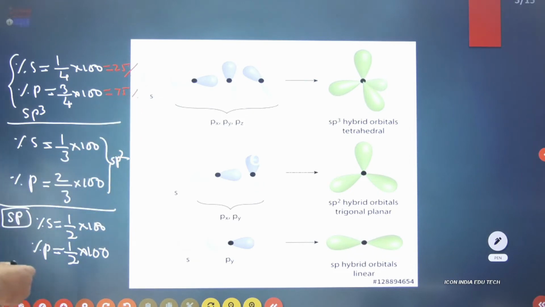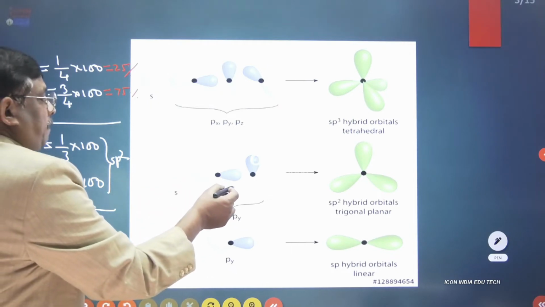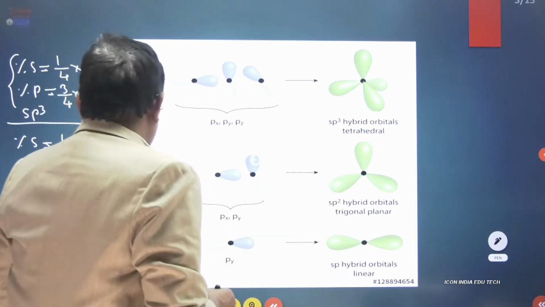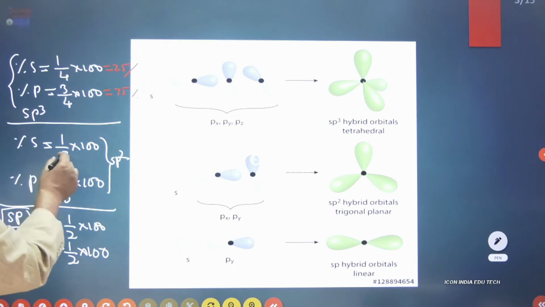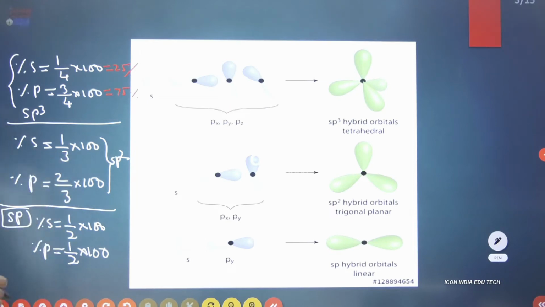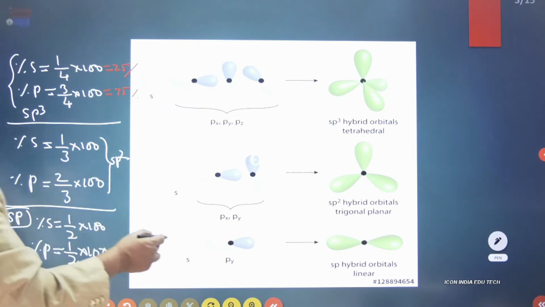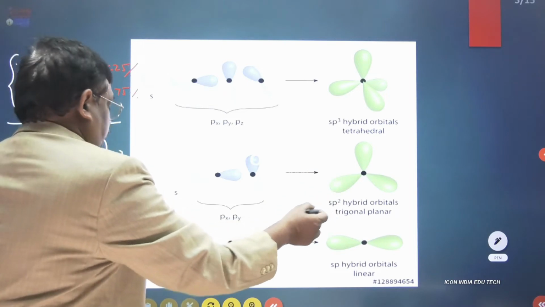That is 75% p character. Similarly, in sp2 hybridization, one spherical s orbital and 2 dumbbell-shaped p orbitals completely mix up to give 3 sp2 hybrid orbitals. The percentage of s is 1/3 into 100, and the percentage of p is 2/3 into 100. These sp2 orbitals arrange in a trigonal planar shape.